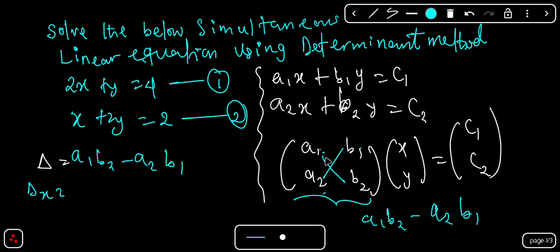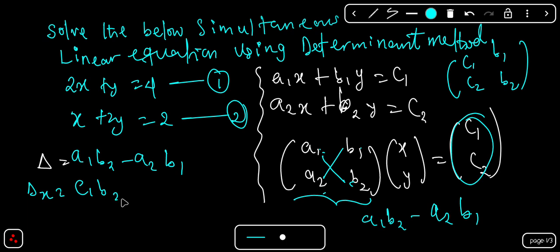In the first column we have the coefficients of x, so we are not going to write them; you replace them with c1 and c2. That gives you c1 c2, then b1 b2. Following the same idea, the determinant will be c1 multiplied by b2, then minus c2 multiplied by b1. That's how you find the determinant for x.